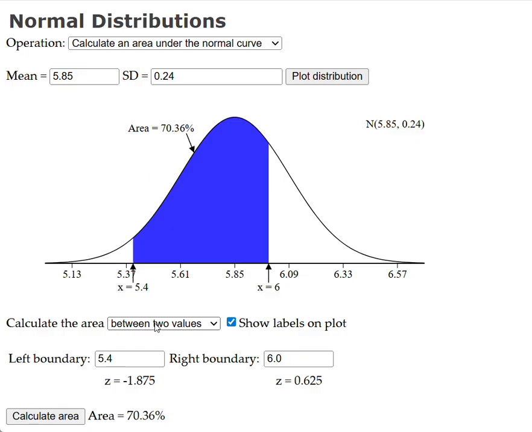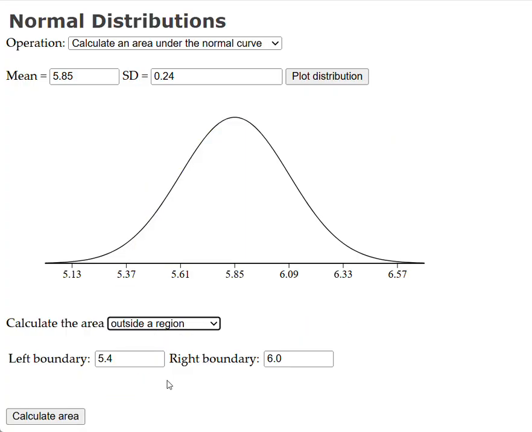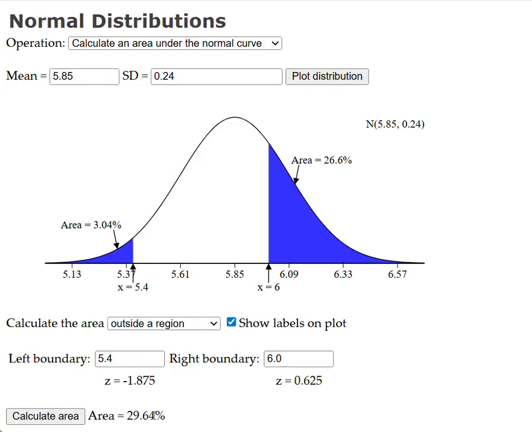What's the probability of not picking something between those? Well, we could switch that to outside the region. And you can see, this is what I was saying earlier. They're complementary, right? This area is 3, this area is 27. Add those together, you get 30, and 70 plus 30 is 100%.